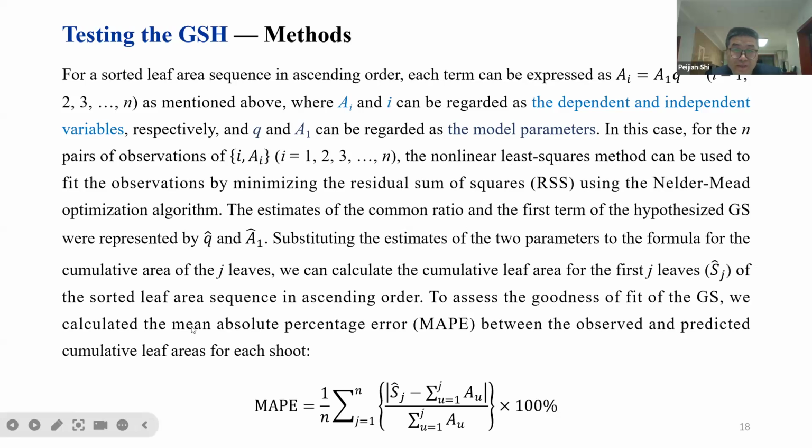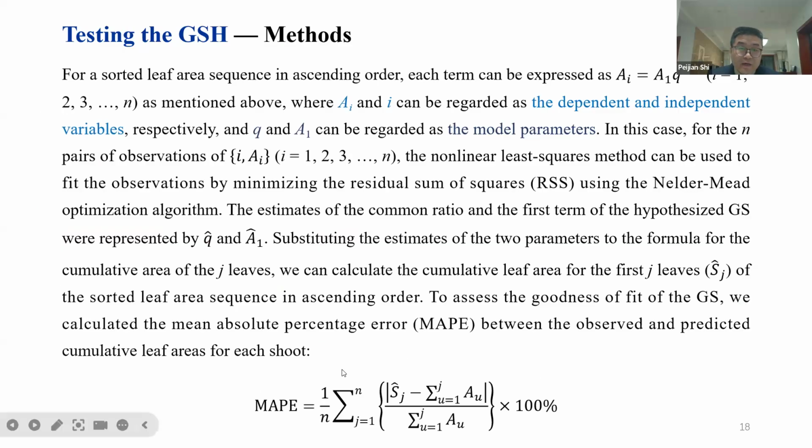We use the mean absolute percentage error, MAPE, between the observed and the predicted cumulative leaf areas for each shoot to assess the goodness of fit when we assume the leaf area distribution follows a geometric series.